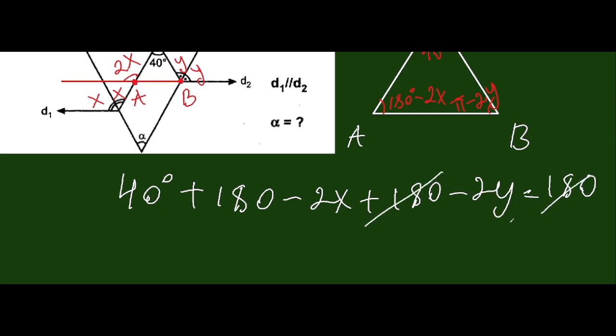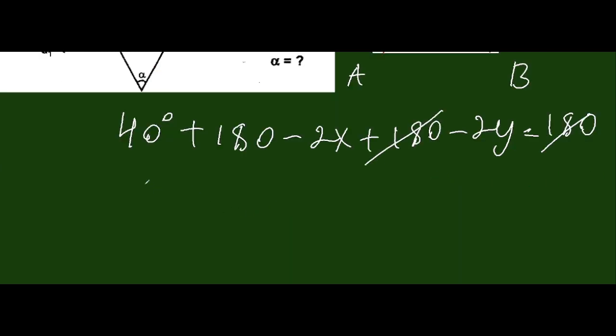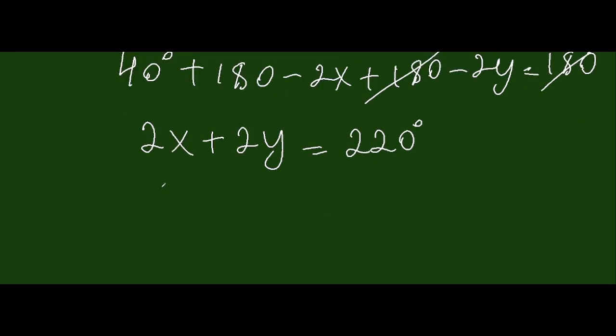One of them will cancel the other and we'll get 2x plus 2y will equal this one. So 40 plus 180 will equal 220 degrees. From here, x plus y equals 110 if we divide it by 2.